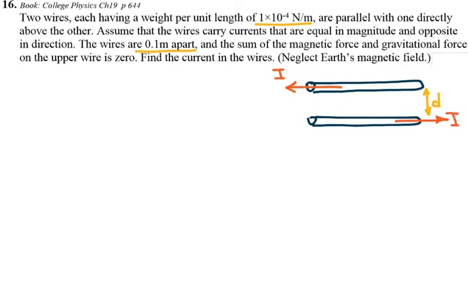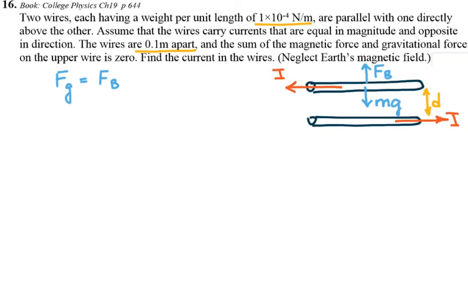The forces acting on the upper wire are the force of gravity and the magnetic field force that keeps the wire from falling down. So what I have to set up here is the force of gravity must be equal to the magnetic field force to cancel each other.